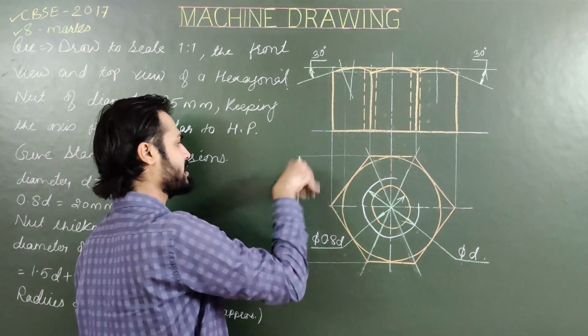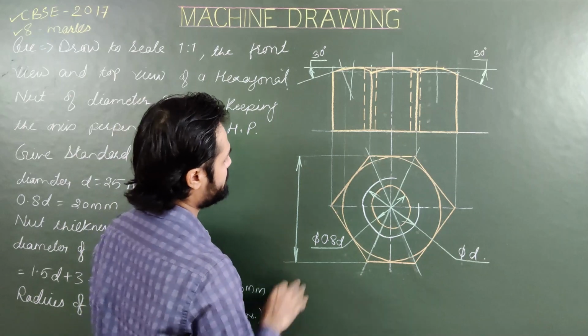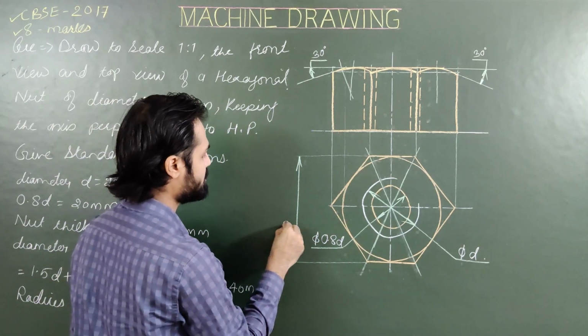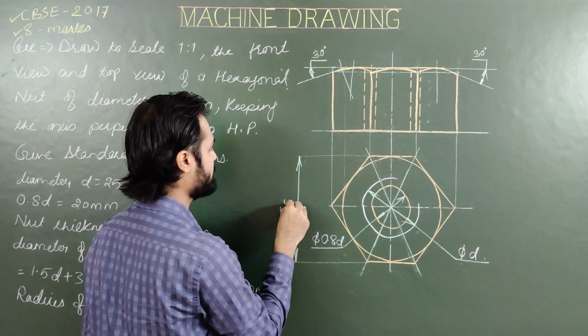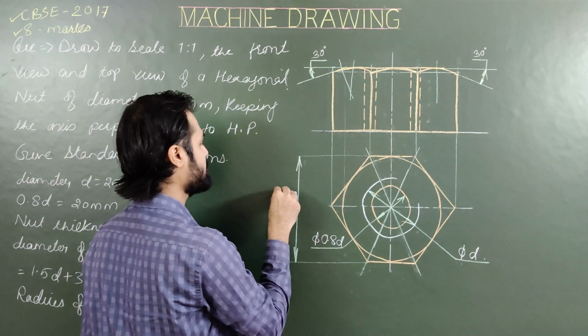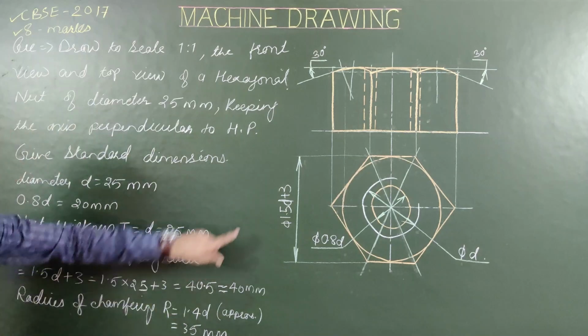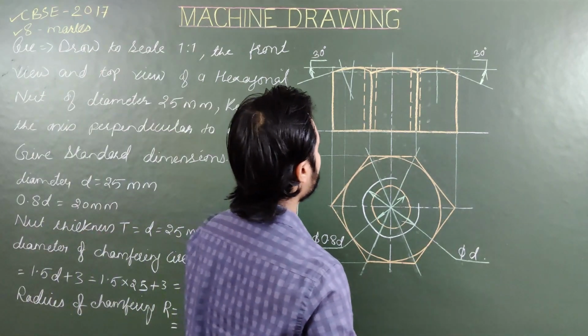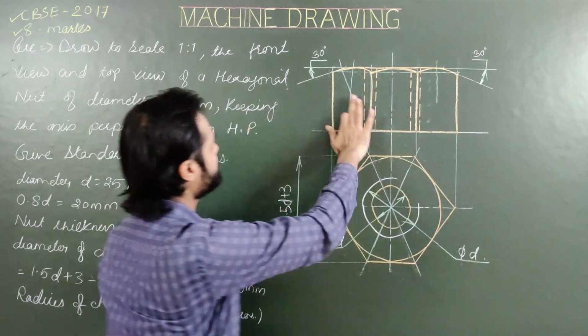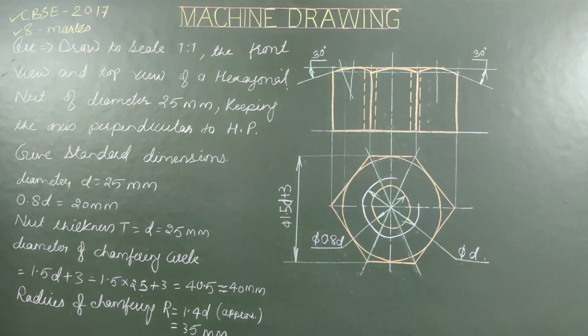We can show this diameter like this also. Either show length or diameter. So dia 1.5 d plus 3, or simply write length is 1.5 d, both are correct. Then next, center and radius.